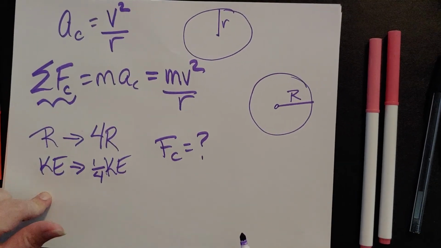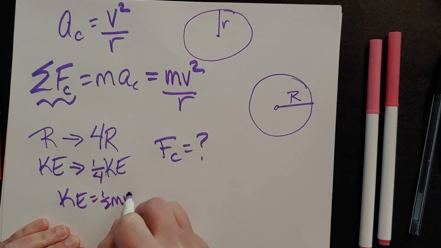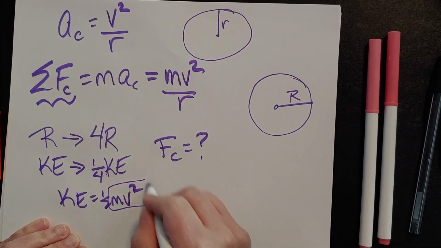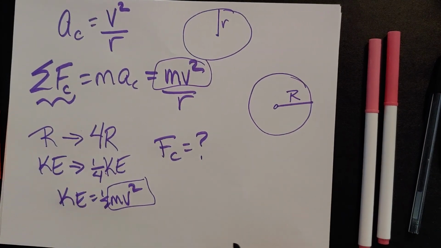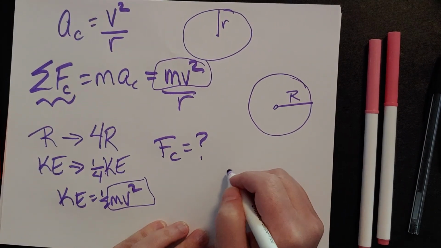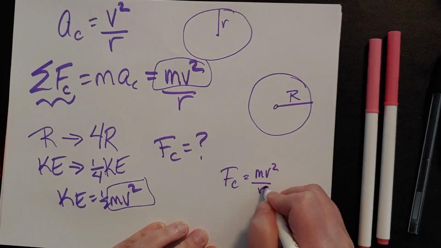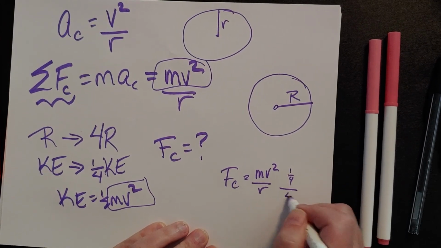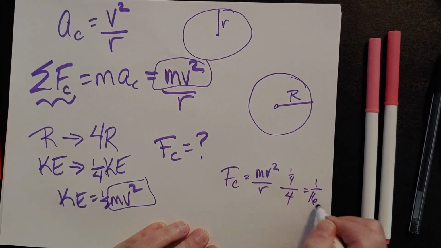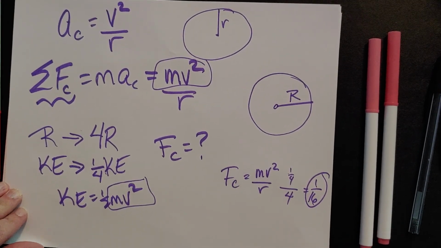Okay, so the trick here was to realize that kinetic energy, which is 1/2 mv squared, well, gosh, that mv squared and that mv squared look awfully similar. They're just a factor of a half different. So they were looking for, the centripetal force was mv squared over r. So this thing went by a quarter, this thing was a fourth. So the centripetal force went down by a factor of 16. So that was what was happening there.